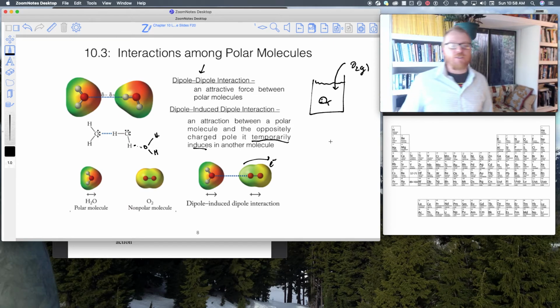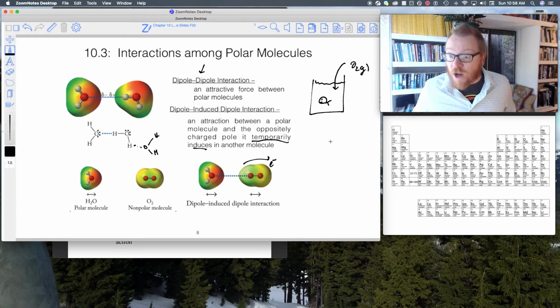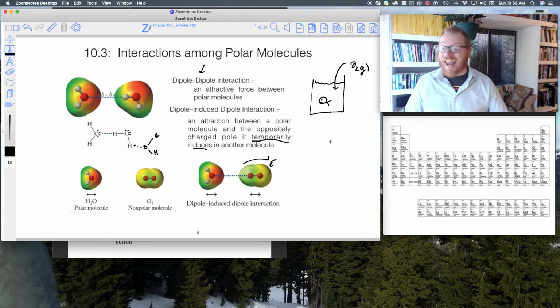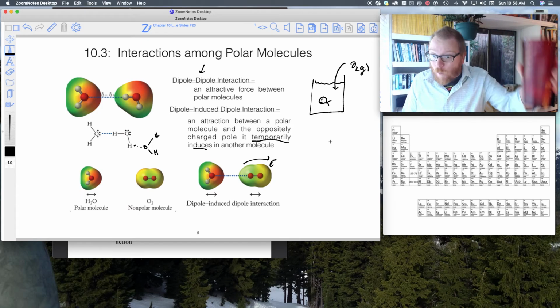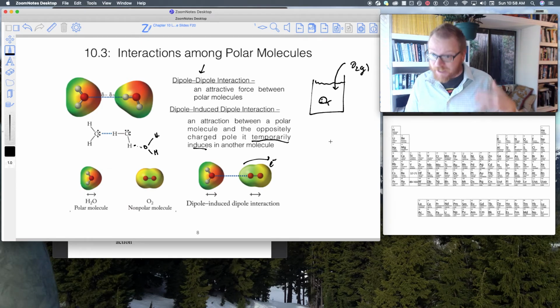And as it turns out, oxygen is very water soluble. Oxygen as a gas can remain in liquid water sustainably, okay, for long periods of time. And that's because of this dipole-induced dipole interaction.